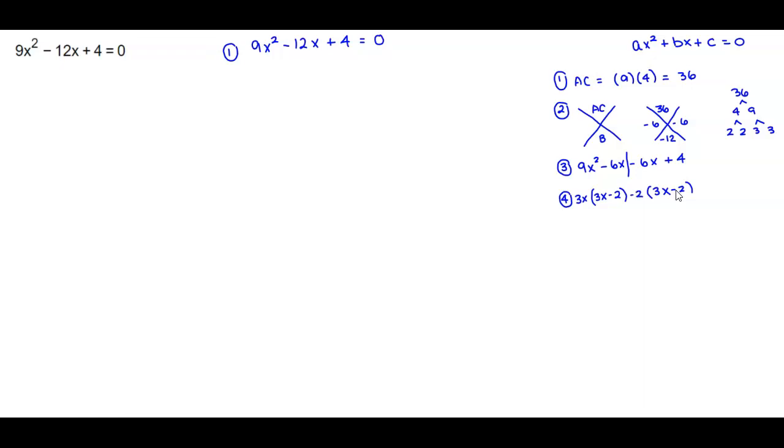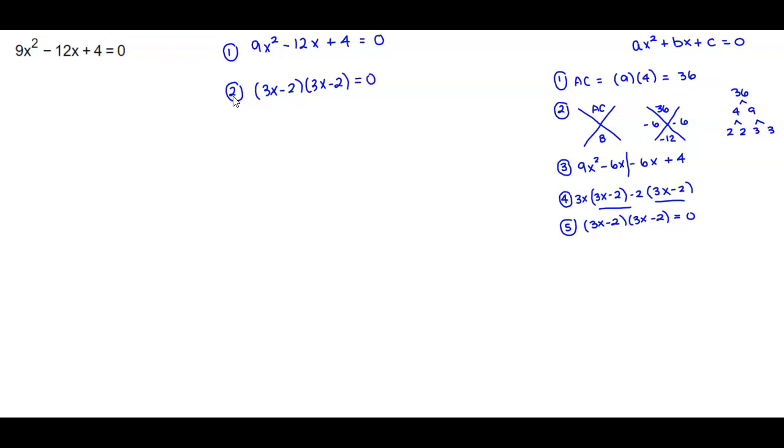That is negative 2. So if you notice here, when we factor this out, we end up getting 3x minus 2 times 3x minus 2. And that is the factored form. So in step number 2, this is the completed factored form. 3x minus 2 times 3x minus 2, and that's equal to 0.